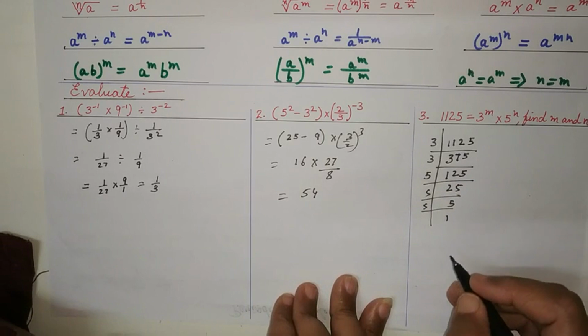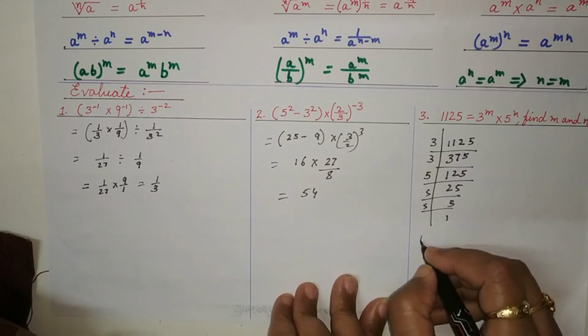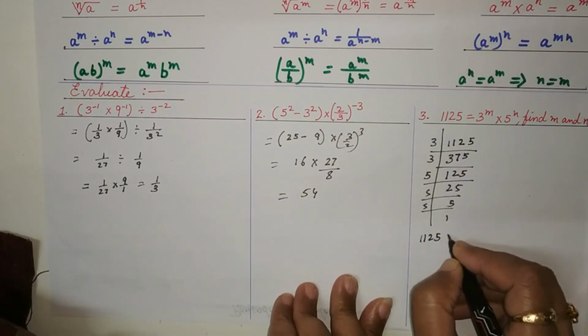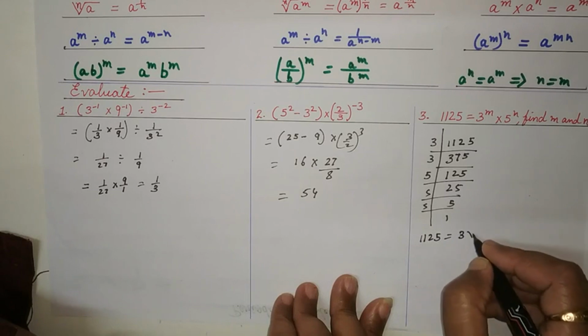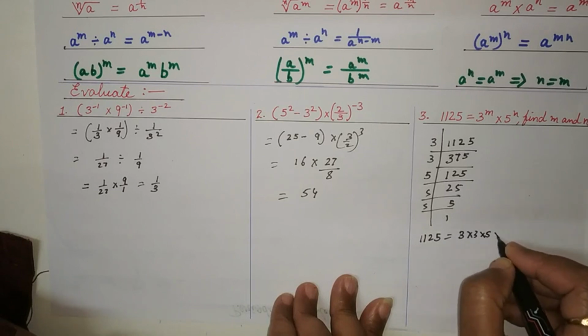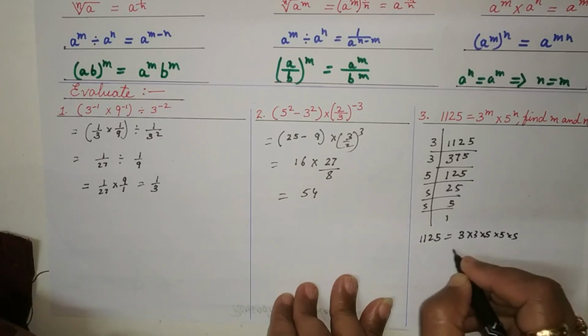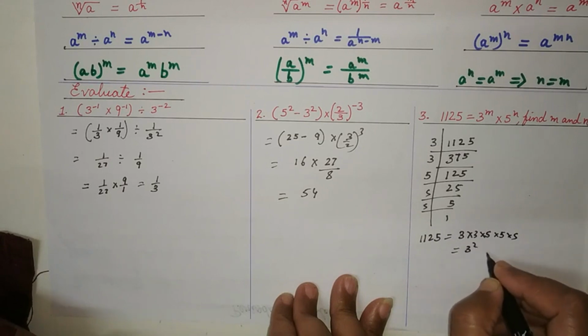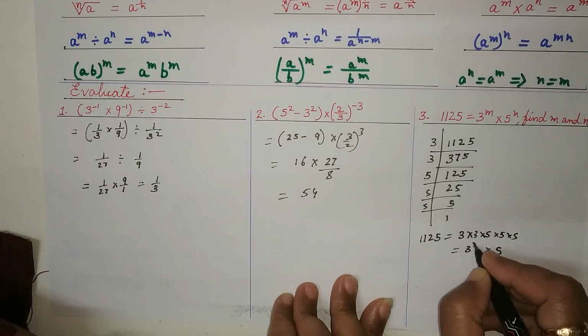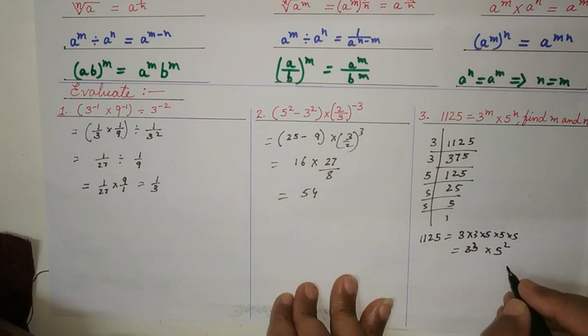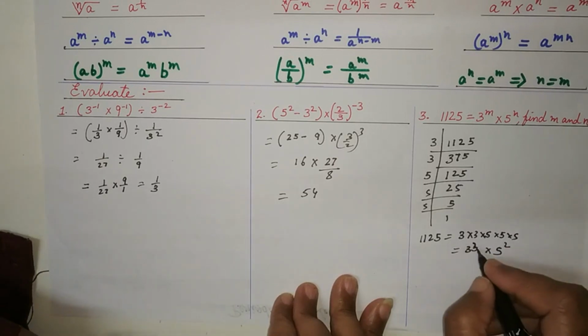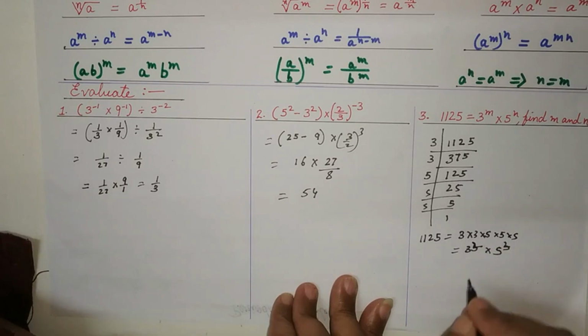So 1125 is equal to 3 into 3 into 5 into 5 into 5, which is actually equal to 3 square into 5 cube. I'm very sorry. This is square, this is cube.